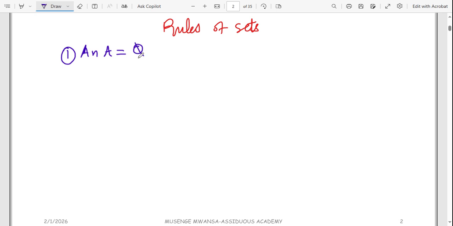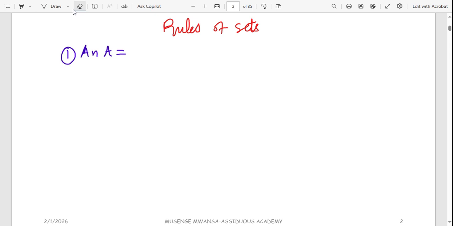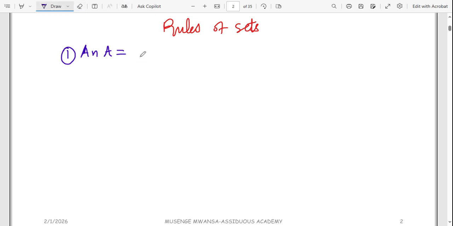A intersection A is just going to be the set A. A union A is the same set A.